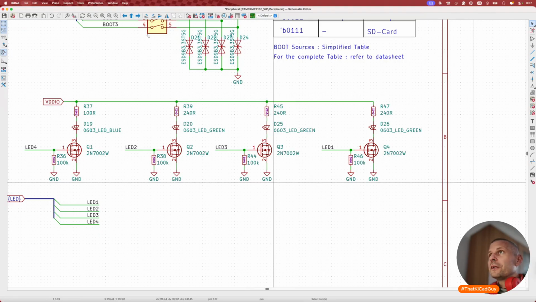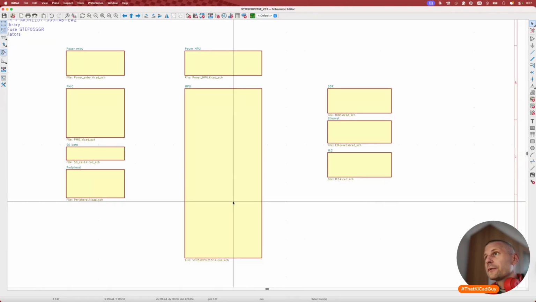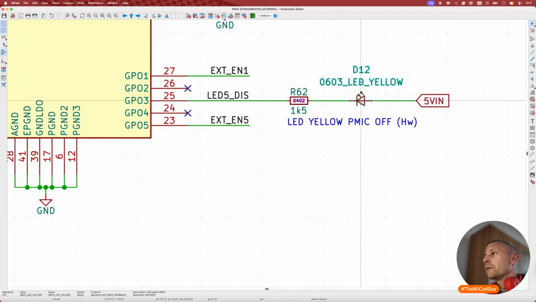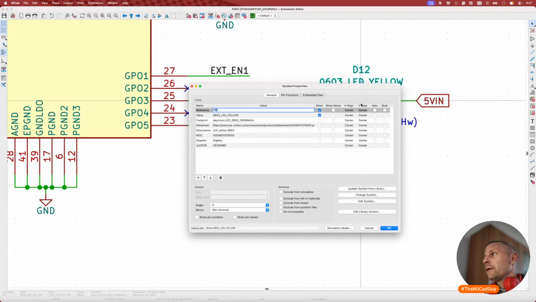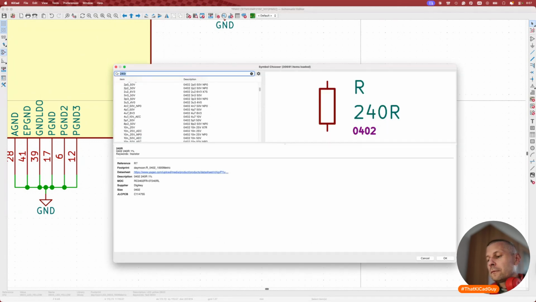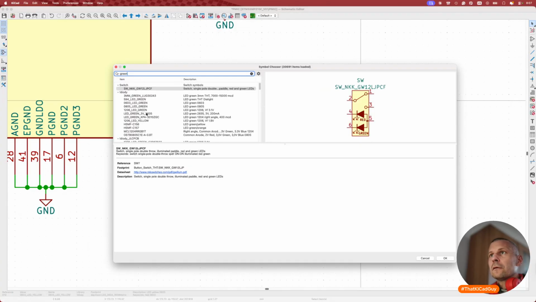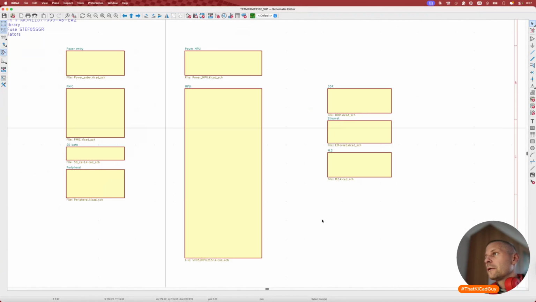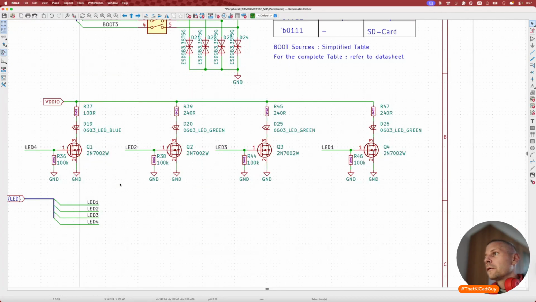I think we don't need so many colors. Oh, this is yellow. So this will be the green one. Yes.